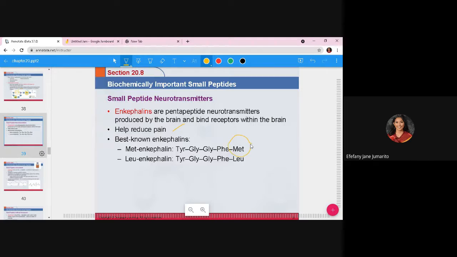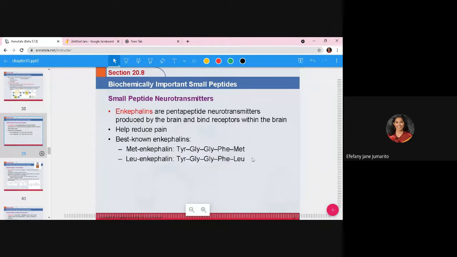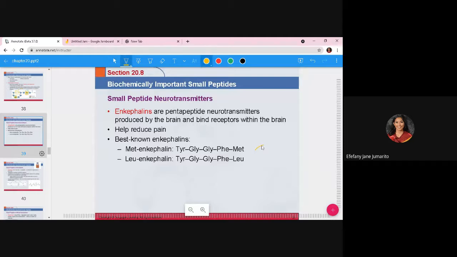Okay, so what's the difference of met-enkephalin and leu-enkephalin? Look at the amino acid sequence. Same.